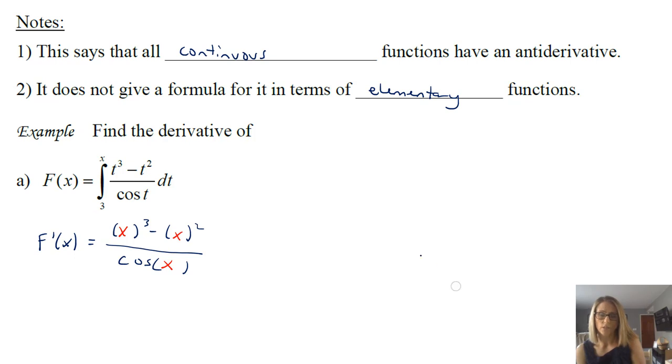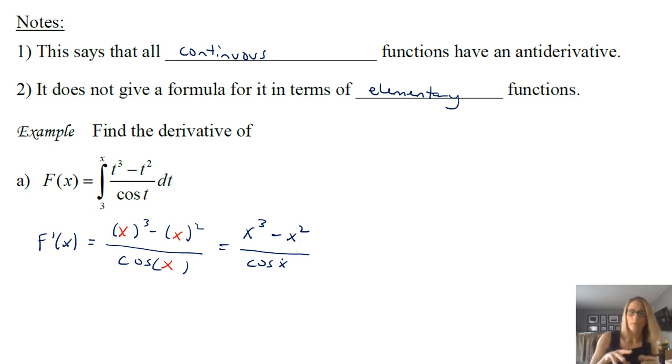And you can see that it's using that idea of derivatives and antiderivatives being opposite processes, so that if we have something that is an integral, but we take its derivative, we can simply replace the variable in the integral with our variable there. And when you think about that 3, it really is arbitrary. It doesn't matter.